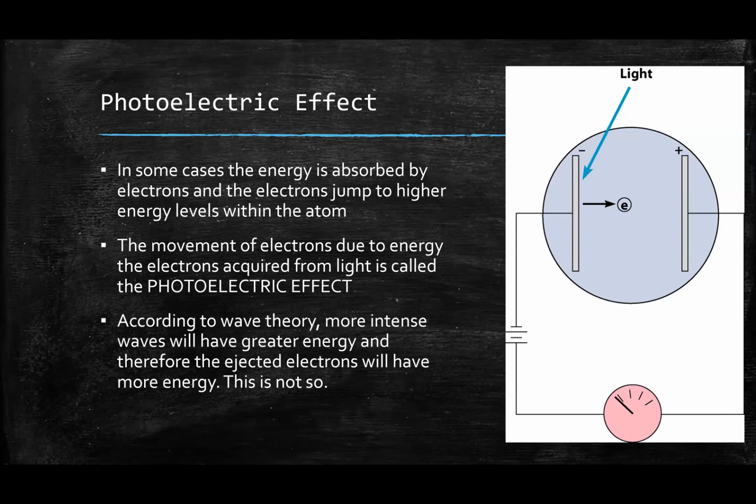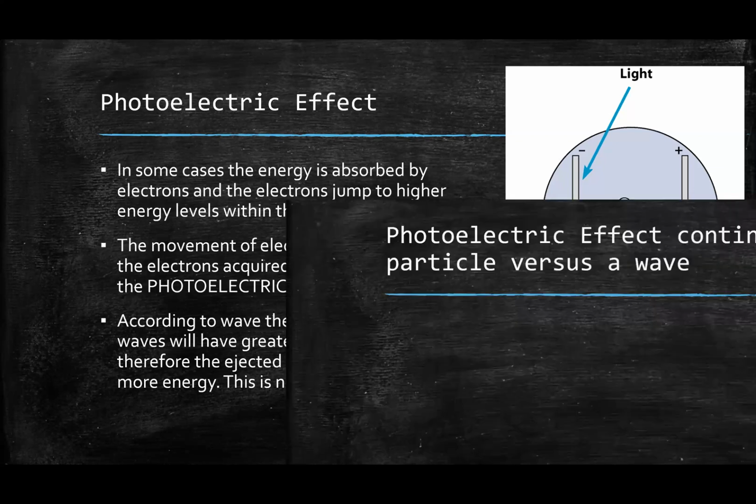So according to the wave theory, a more intense wave will have greater energy, and therefore the ejected electrons should have more energy. But that wasn't really what was so. It wasn't the greater intensity, because when this experiment was performed, it didn't matter how bright the light was. There was another factor that affected the energy.